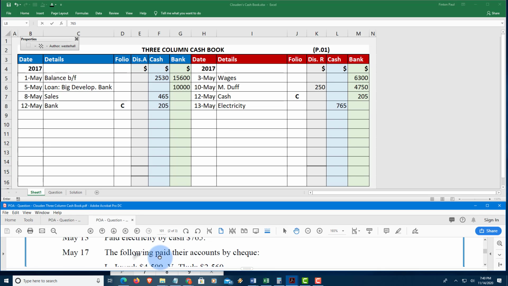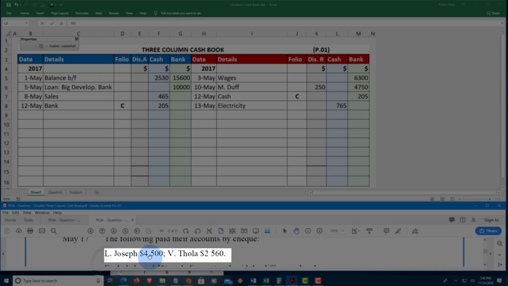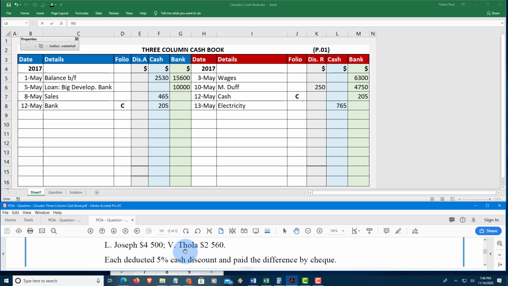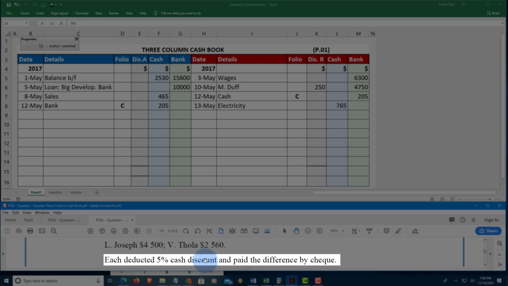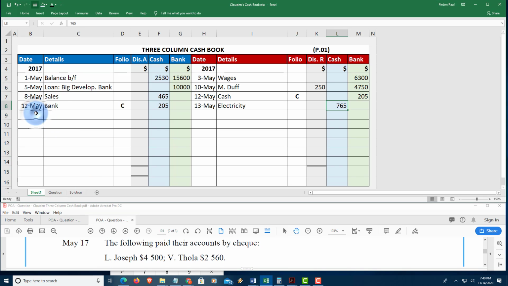Notice, even though it says paid, if you read it carefully, you would gather that someone is paying us. So the persons are L. Joseph, V. Tola. They said each deducted 5% cash discount and paid the difference by check. All of that occurred on the 17th.